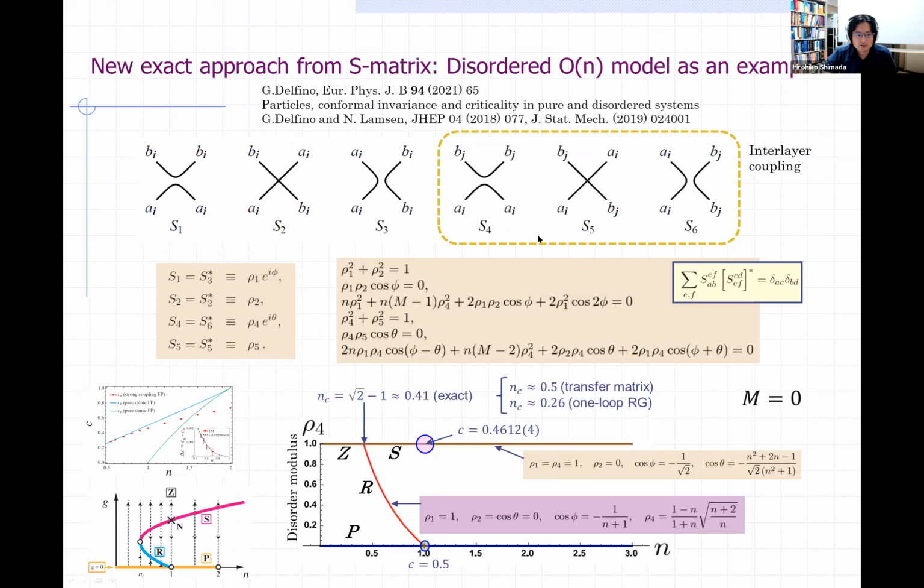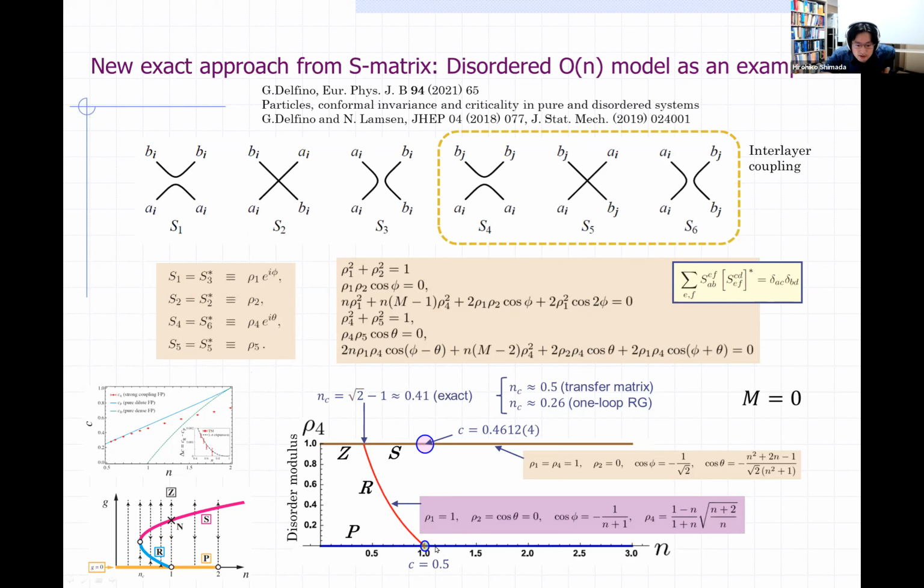They use the S-matrix to find these critical fixed points. S1, S2 and S3 are matrices for the particle remaining in the same layer, and S4, S5, S6 are interlayer coupling. By unitarity of the S-matrices, they find these six equations for the modulus and the phase of the S-matrices, and somehow they succeeded in drawing this kind of diagram.